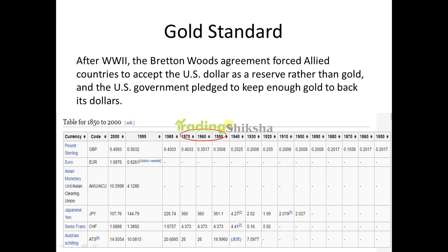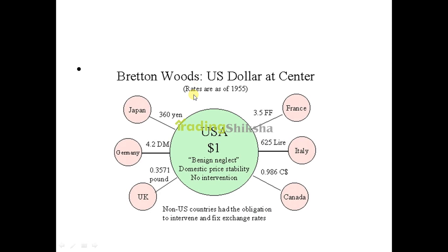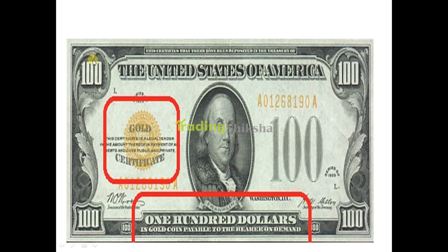Also, now we understand what is meant by gold being backed by dollar, and this is the reason why this era, this agreement, was also known as the gold standard. You can understand by seeing this note. This is a $100 bill note from the era of the gold standard.